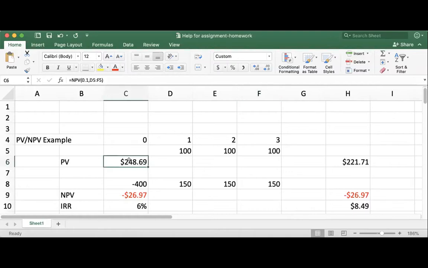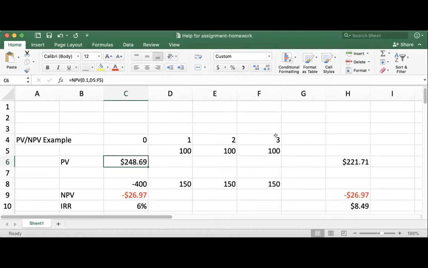So the present value at 6% of this stream, D5 to F5, is $248.69. You are calculating the present value of years 1 to 3.